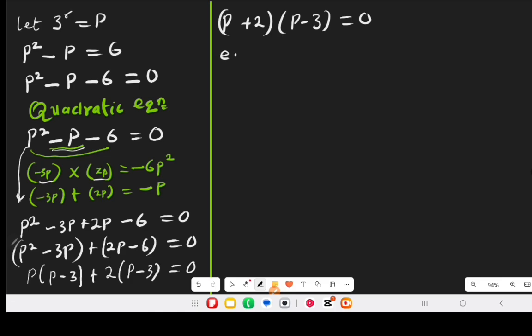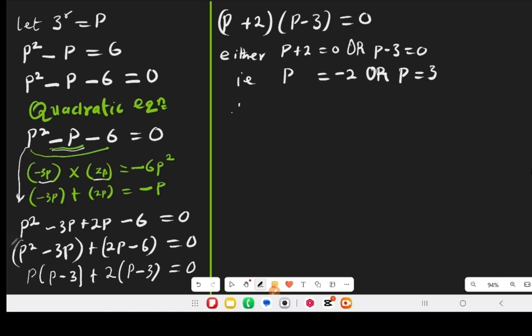We say either p plus 2 equals 0 or p minus 3 equals 0. That is, p equals, when 2 crosses the sign of equality, becomes minus 2, or p, when minus 3 crosses the sign of equality, it becomes 3. Therefore, p is equal to minus 2, 3 as the answer.